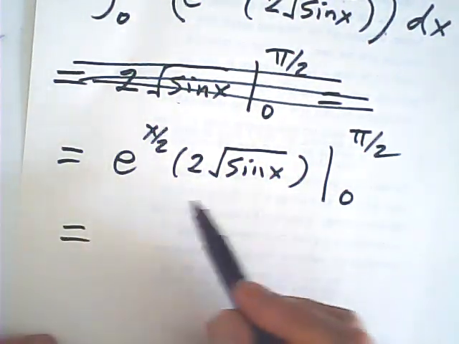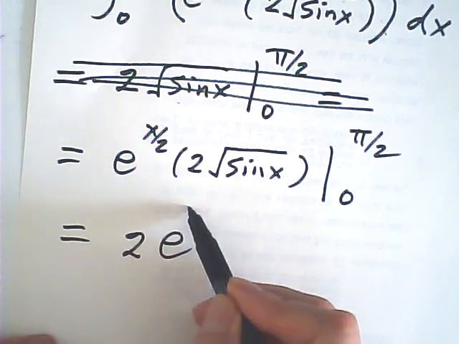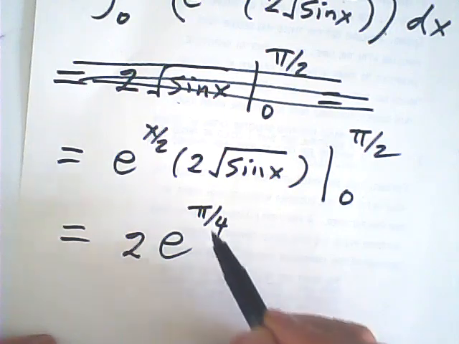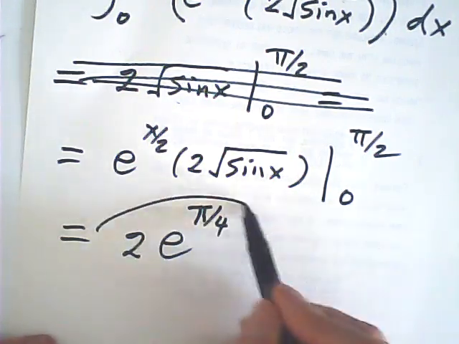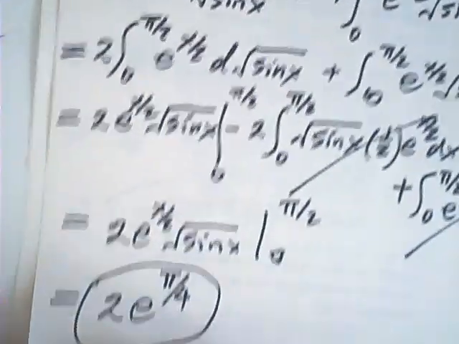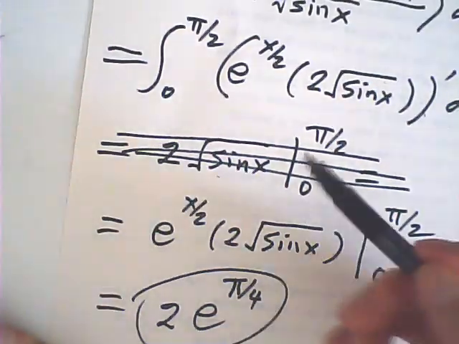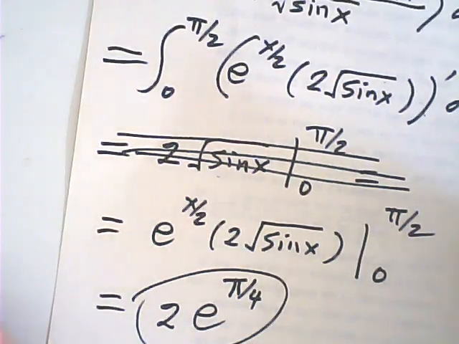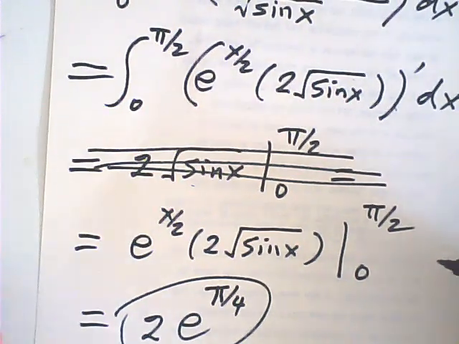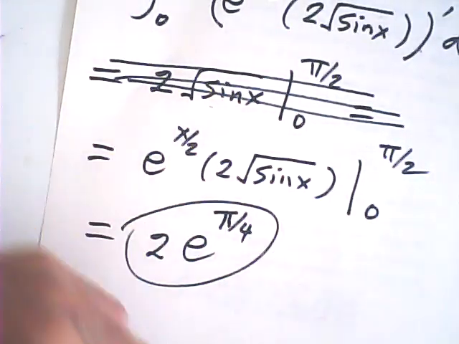So that one is equal to 2 e to the quarter pi. Yeah. Same result as method 1. Okay, it's very, very good training for the basic integrations. Thank you.